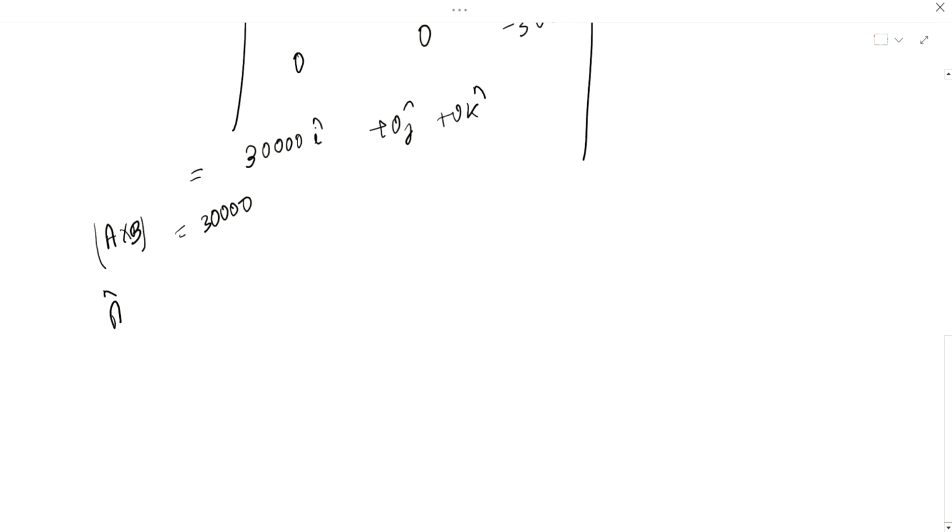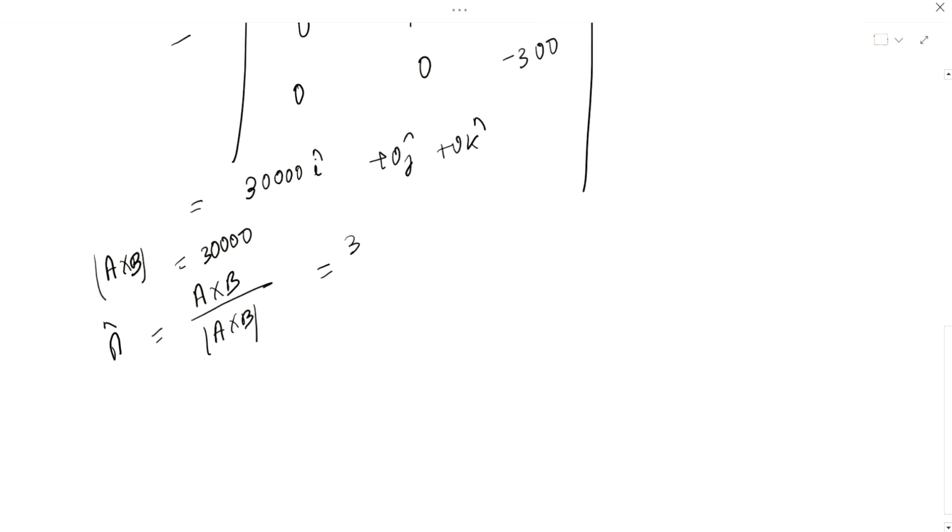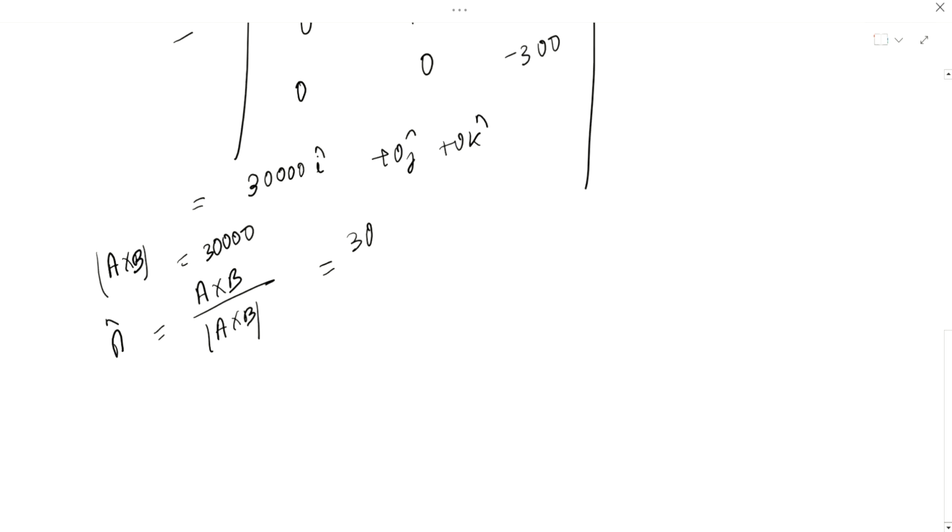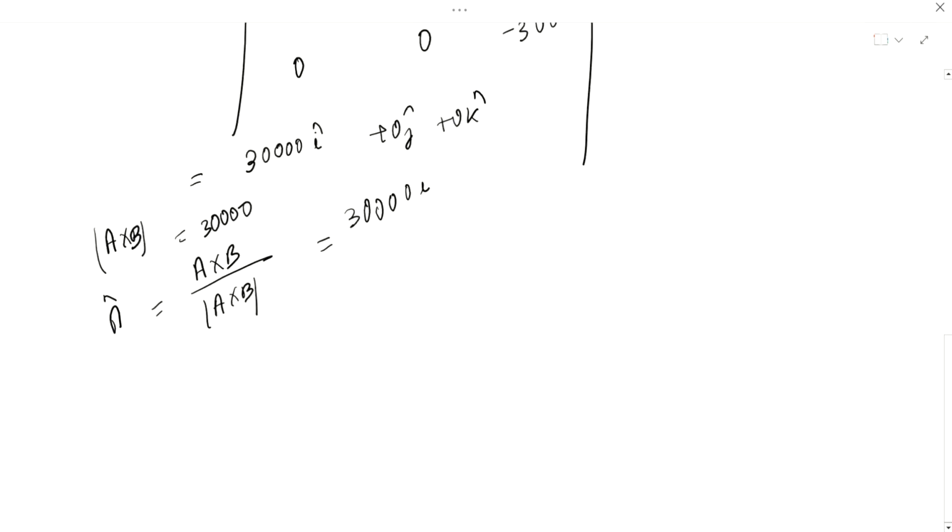Now A cross B by magnitude of A cross B, here we will get i cap, this will be 100.